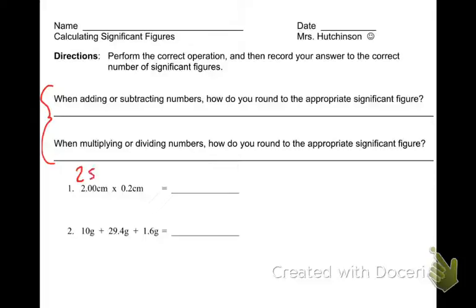We've got 3 sig figs here, and we've got 1 sig fig here. So that means that our answer must contain 1 significant figure. So our final answer for this is going to be 0.4 centimeters squared.